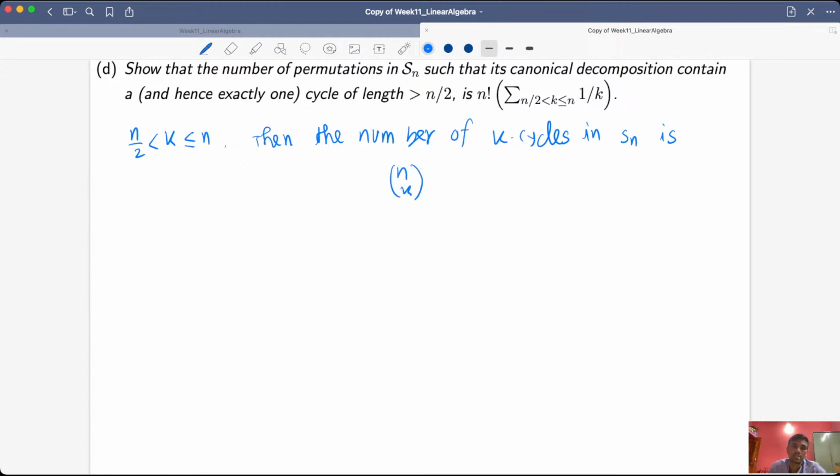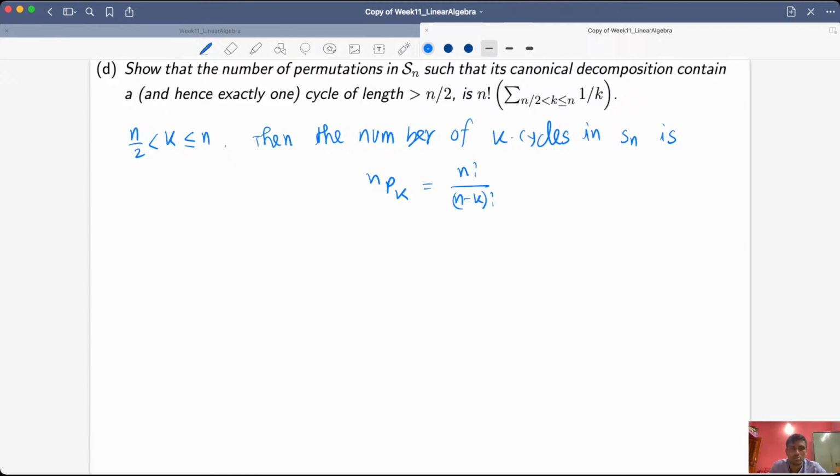But there is also this issue: if I choose 1 2 3 4 5, it is the same as 2 3 4 5 6, right? But not all of these. So I should not write choose, but as a permutation. So nPk, which means factorial n by n minus k factorial.